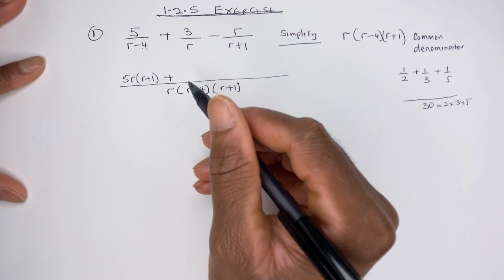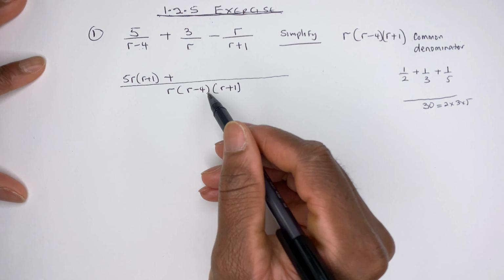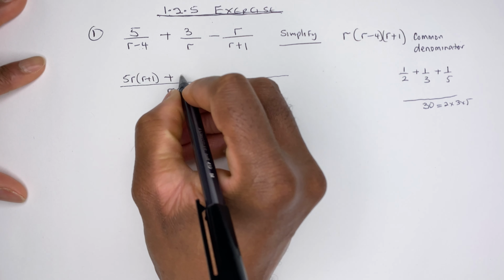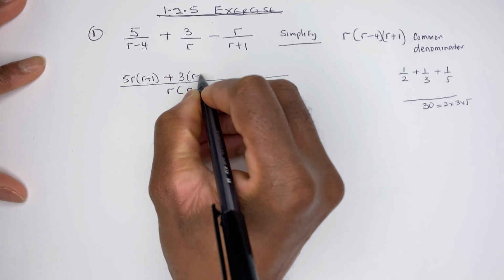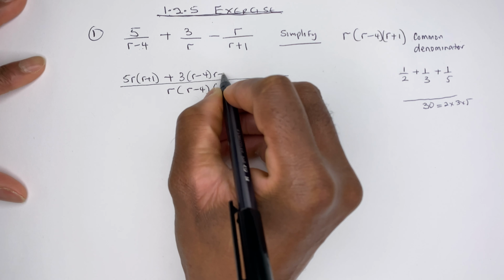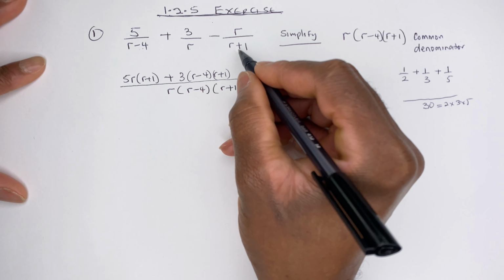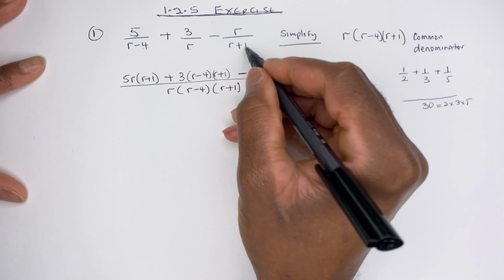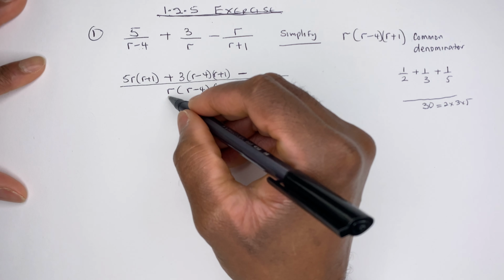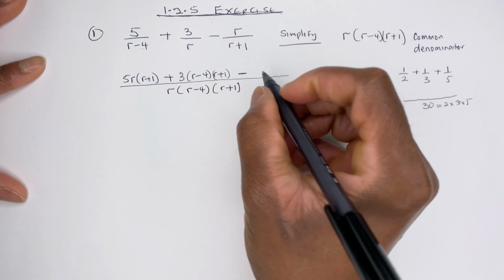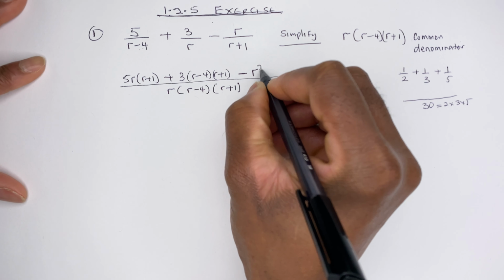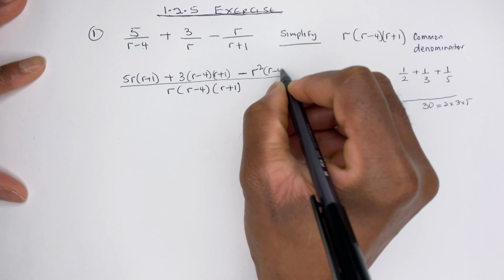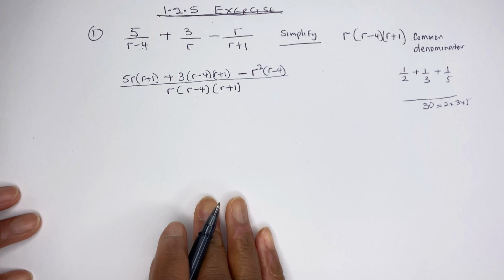Now I've got r here and I've got r minus 4 here, but I don't have r minus 4 and r plus 1, so I have to multiply the top by 3 times r minus 4 times r plus 1. Here I've got minus now. Here I've only got r plus 1. I don't have r minus 4 and r, so I have to multiply the top by r, which makes it r squared times r minus 4.